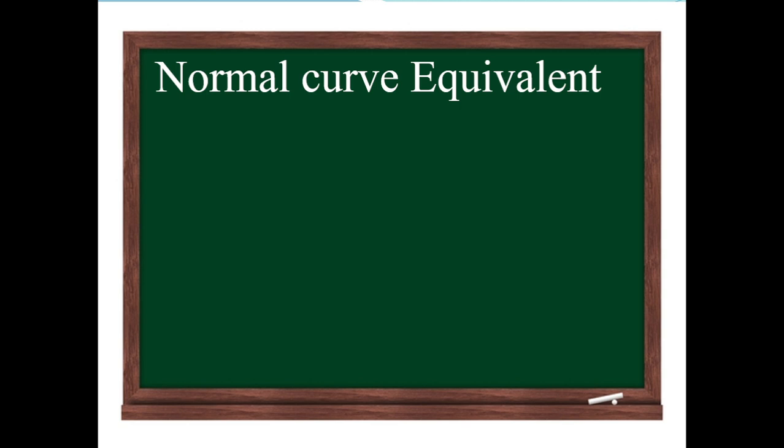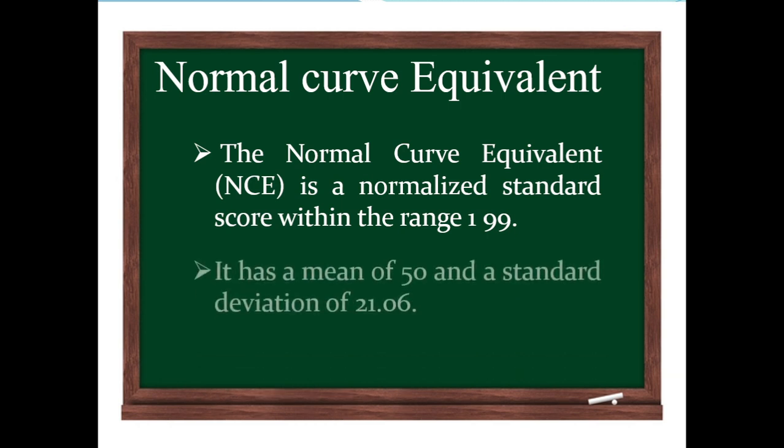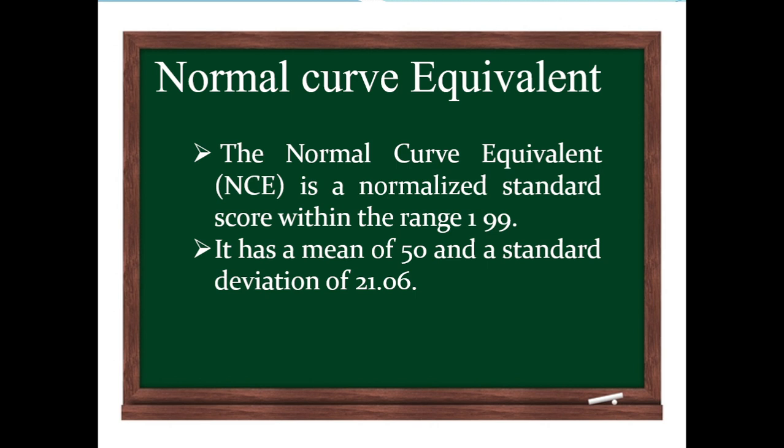Now, normal curve equivalent. So, dito po tayo sa subtype of score in letter D. The normal curve equivalent, NCE, is a normalized standard score within the range of 1 to 99.